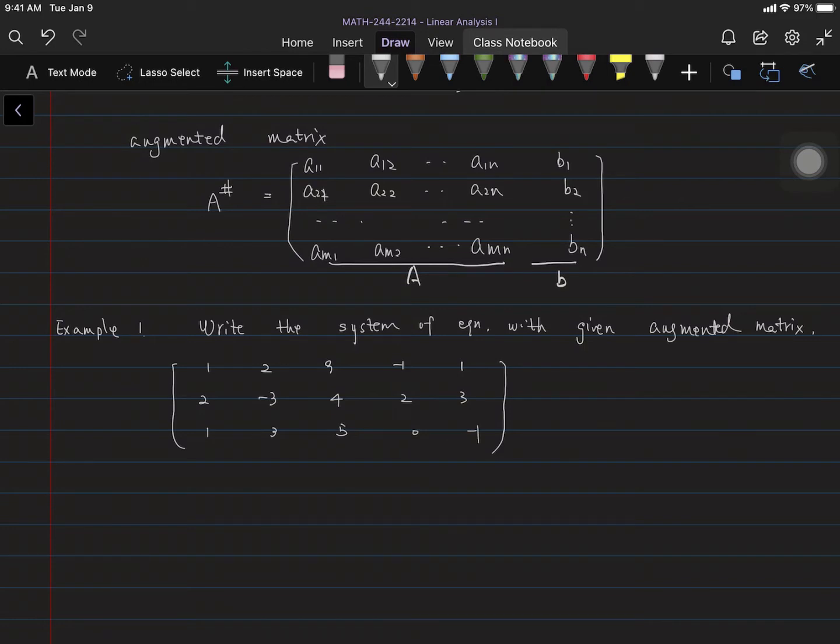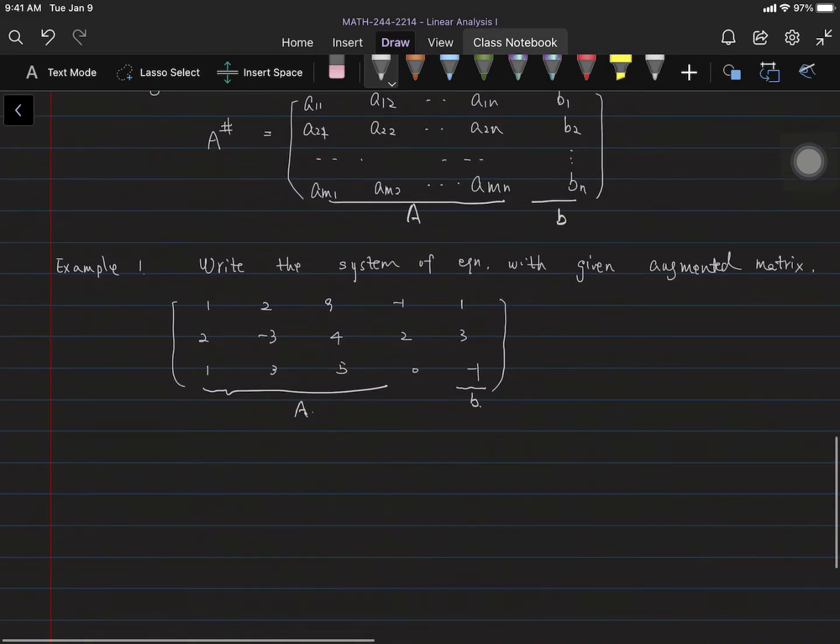So let's take a look at this matrix. This is the augmented matrix. So that means the last column is B, and here is the coefficient matrix, right? So let's take a look. How many columns are in the coefficient matrix? 1, 2, 3, 4.